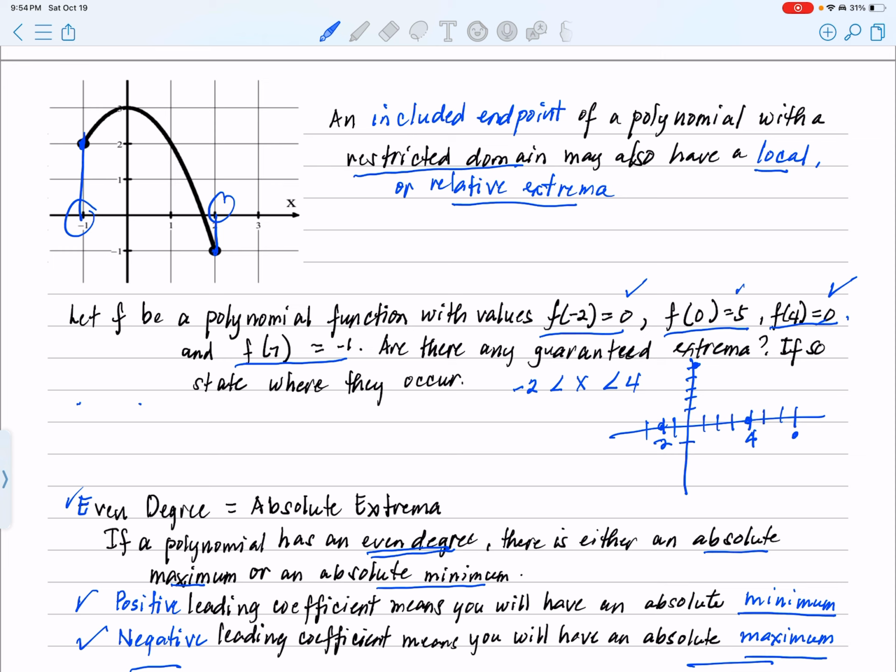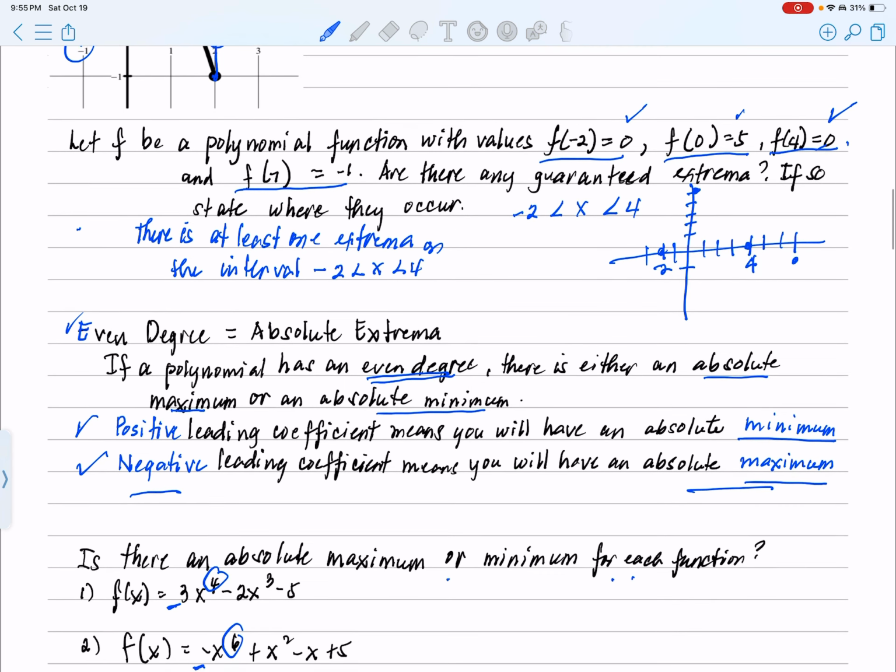So there is, okay, at least one extrema on the interval -2 to 4.